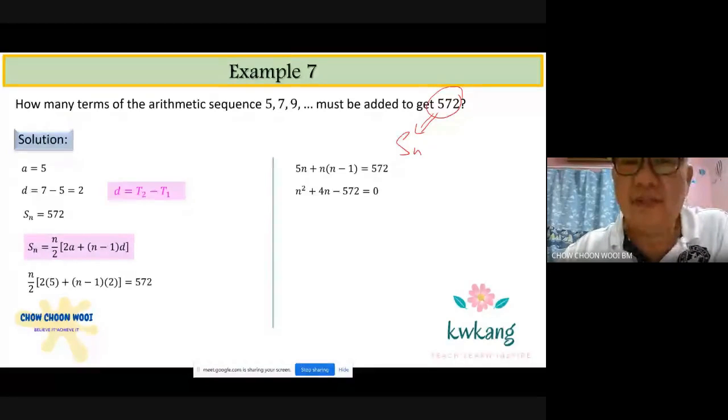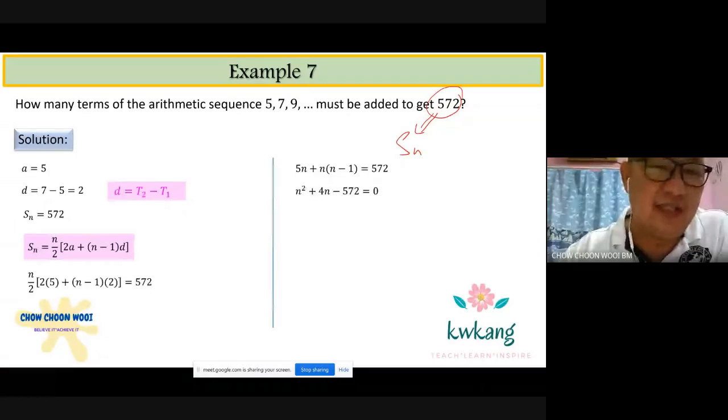Berapa? n squared plus 4n minus 572 equals 0. Ada 4 kaedah. Ingatlah 4 kaedah. Apa kaedah? Kaedah kalkulator lah yang kamu selalu guna kan. Kaedah formula. Kaedah completing the square. Factorizing. Very good.